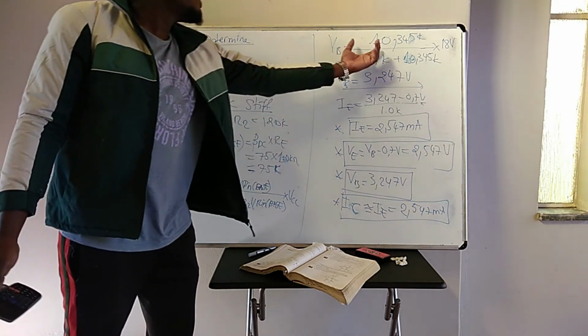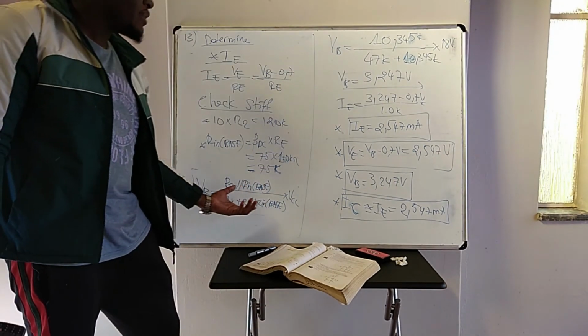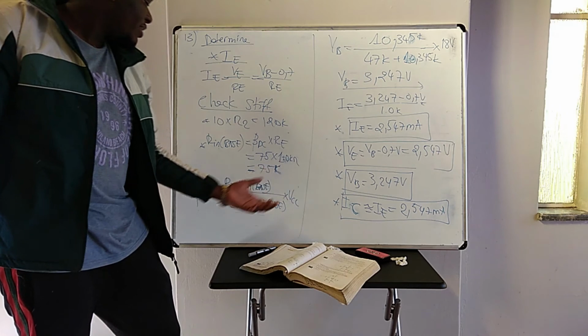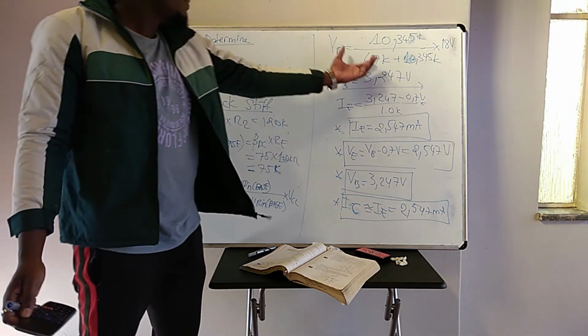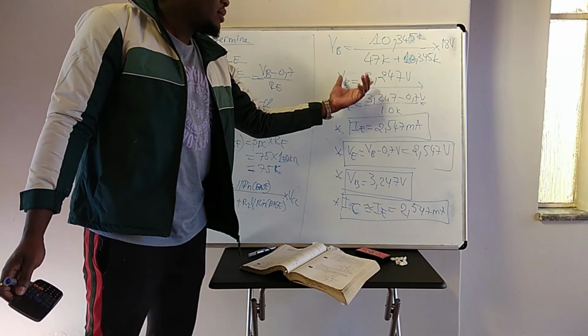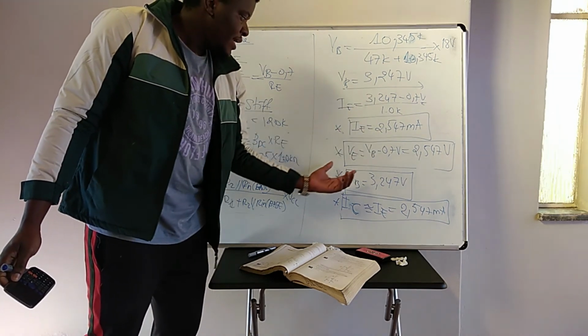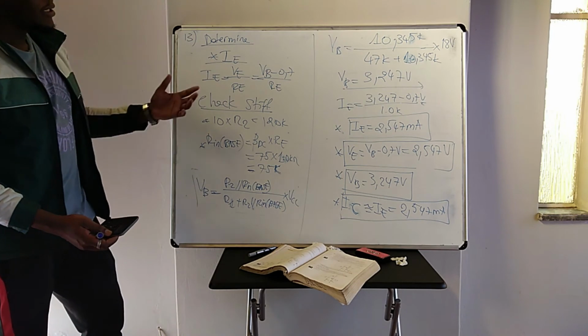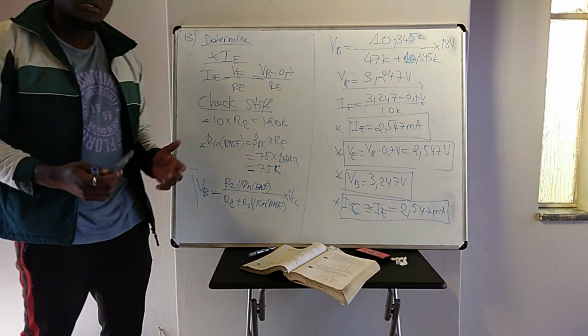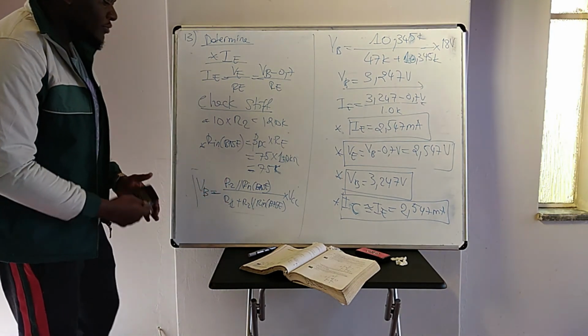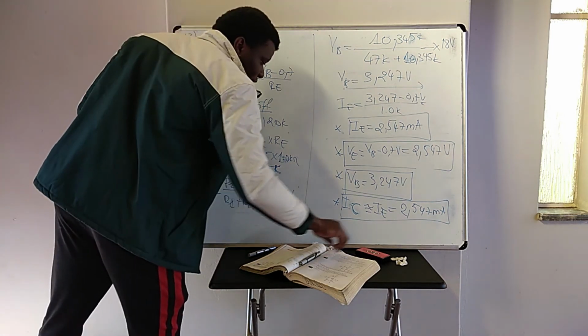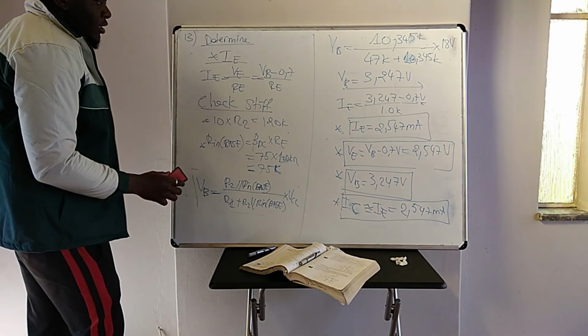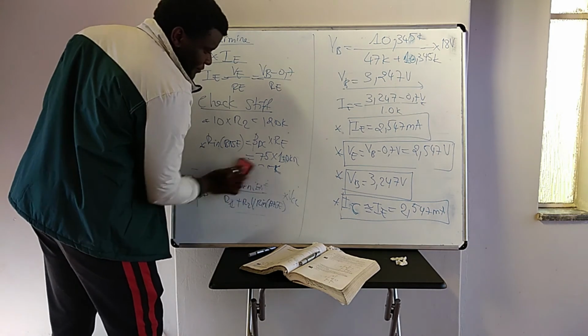This part is only R2 parallel to R in base, which is R2 times R in base over R2 plus R in base, which I got to be my VB, and then I calculate IE and VE. So you can press pause and then compare what you did before. So let's move on now.